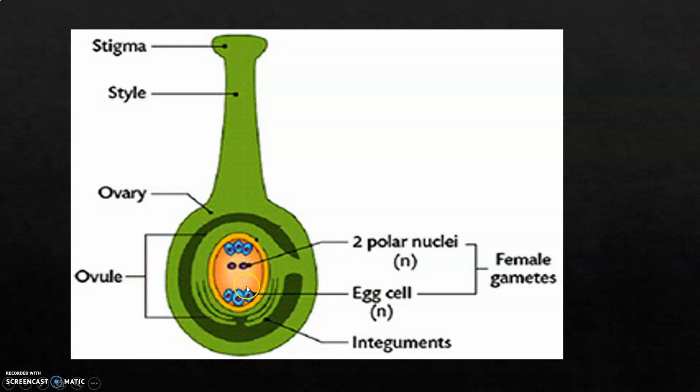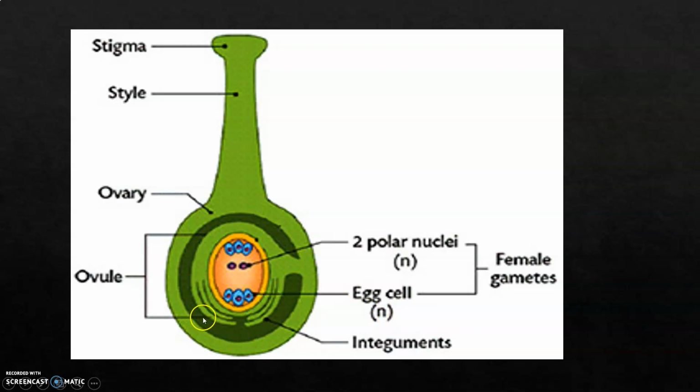But the central cell contains 2 polar nuclei. So because it contains 2 polar nuclei, the number of nuclei increases to 8, but the number of cells remains 7. So this embryo sac is called a 7-celled 8-nucleated structure.